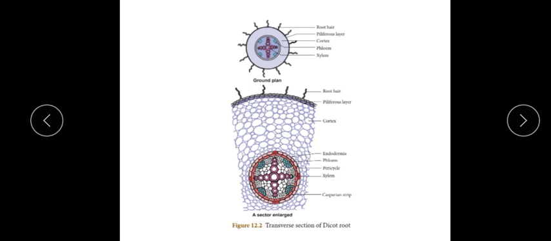Both are a single layer, but the difference is in shape, where they are present, and function. Epiblemma or epidermis is the outermost layer which offers protection, whereas the endodermis does not offer protection but is present just a layer below the cortex. And in the endodermis, if you look, it looks like a chain.